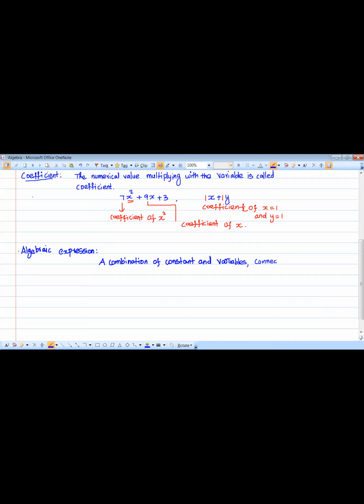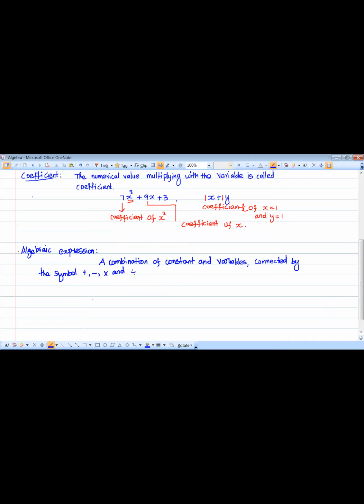A combination of constant and variables connected by the symbol plus, minus, into and division. Okay.